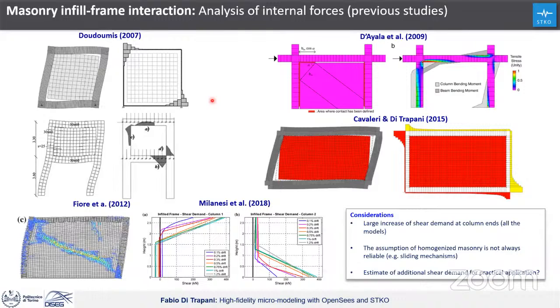The analysis of local interaction has been carried out by previous authors. We have some combinations of elastic frames with elastic shell elements inside with contact elements, some homogenized masonry approaches that you can see at the bottom, and some attempts to reproduce the distribution of internal force.